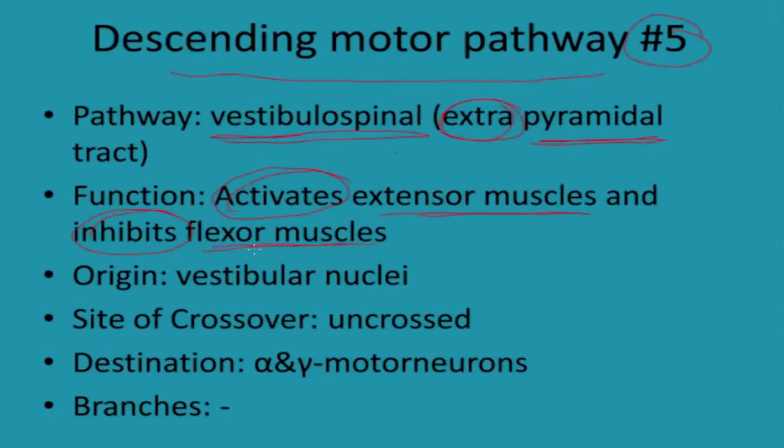This tract works in the opposite way of the previous tract, the rubrospinal tract, so please remember which tract activates and inhibits which muscles. This tract originates in the vestibular nuclei.